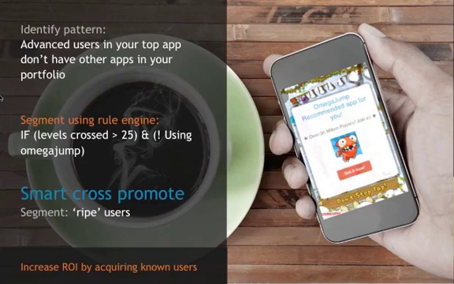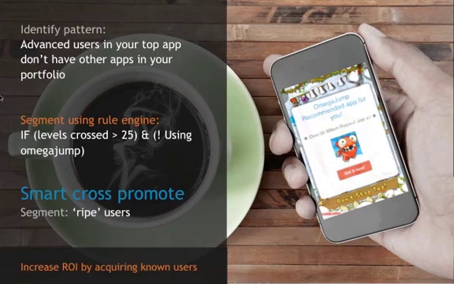Again, the way to do this is first create a segment using the rule engine. Your rule could be as simple as if the user has crossed certain levels, if it's a gaming app, or if the user has used certain features, and that user does not have your second app. Then the message that you want to show them is, we know you love this app, and you know what?